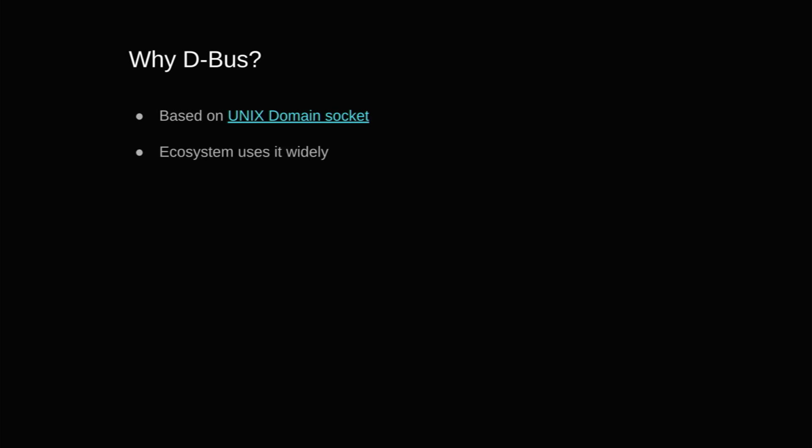And the ecosystem uses it, for example systemd and desktop environments such as GNOME and KDE. If you use a Linux distribution, D-Bus is just like the air. Why air?